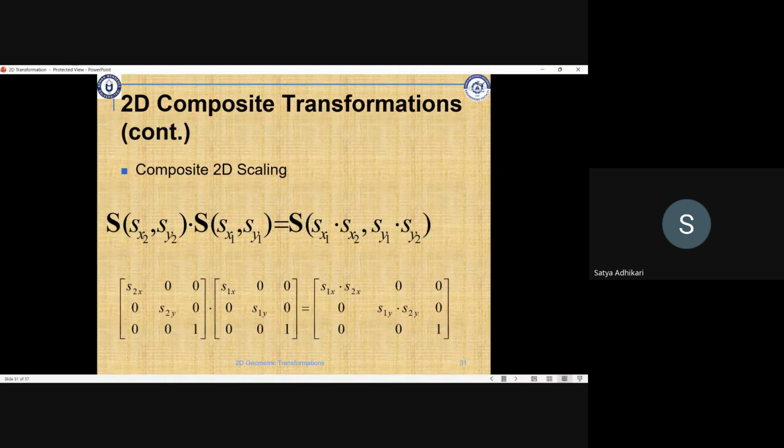Suppose the first scaling factor is 3 and the second scaling factor is 2, then the resultant scaling factor is 3 into 2, which is 6. That is, you want to enlarge the size 6 times.